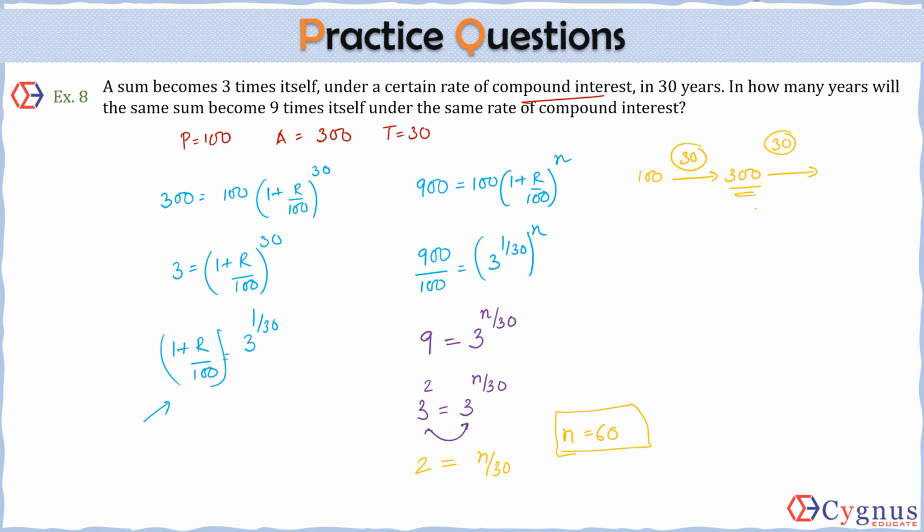We know the bank can triple my money. Now the principal is 300, and triple of 300 is 900. So effectively, it took 30 plus 30, 60 years. This is the shortcut to be used for these kinds of questions. Fine.